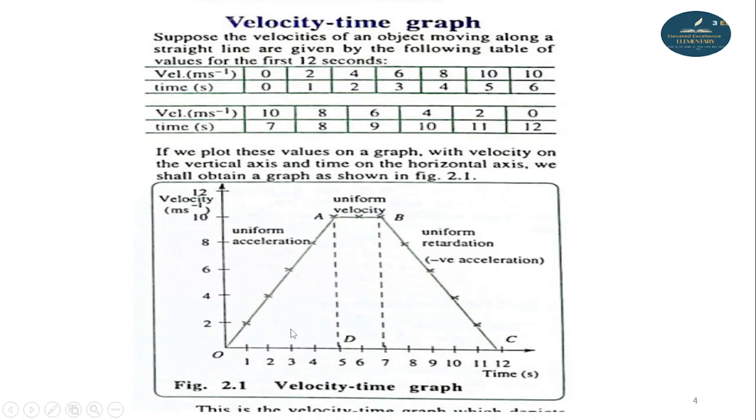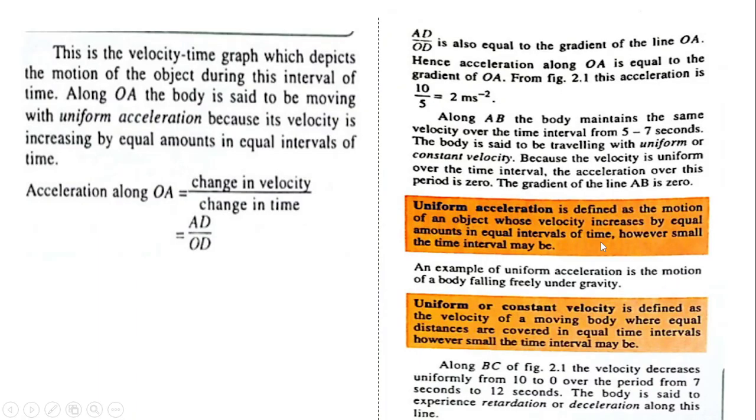Uniform acceleration is defined as the motion of an object whose velocity increases by equal amounts in equal intervals of time, however small the time interval may be. So acceleration along OA is gotten by the change in velocity over change in time, AD over OD.